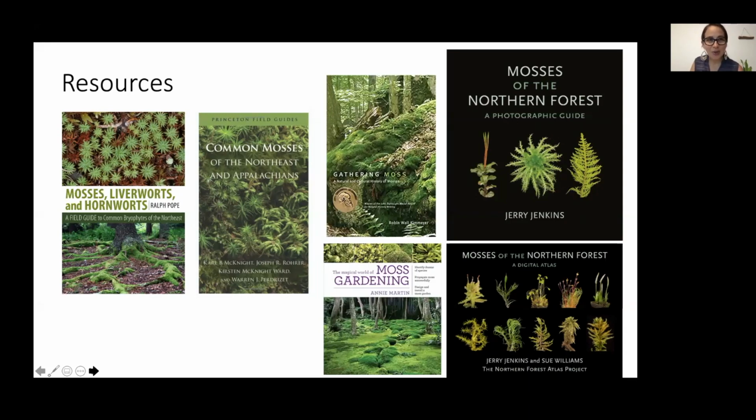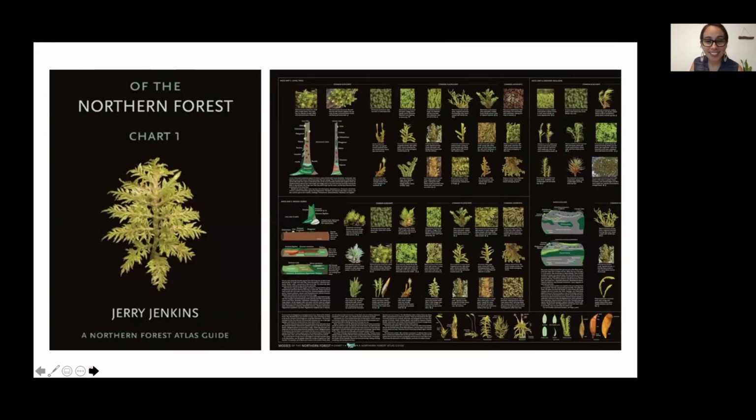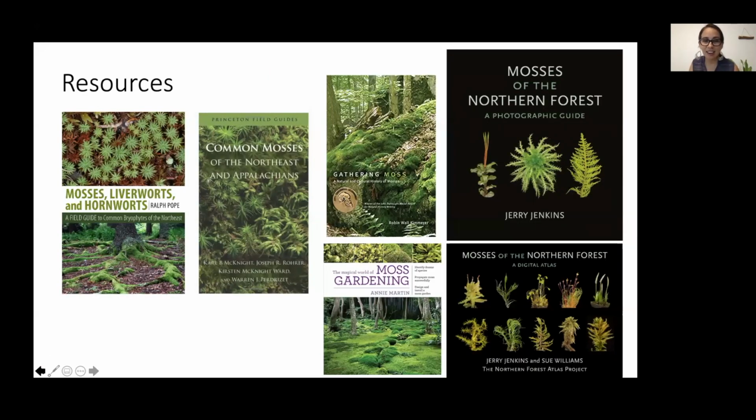If you're more interested in gardening, there is a book about gardening with moss, so you can grow moss in your backyard. Annie Martin has been working on that. She's in North Carolina and has been working with bryophytes for a really long time.